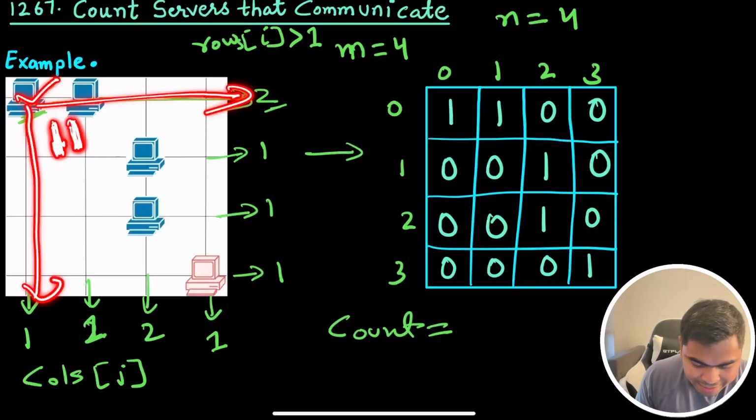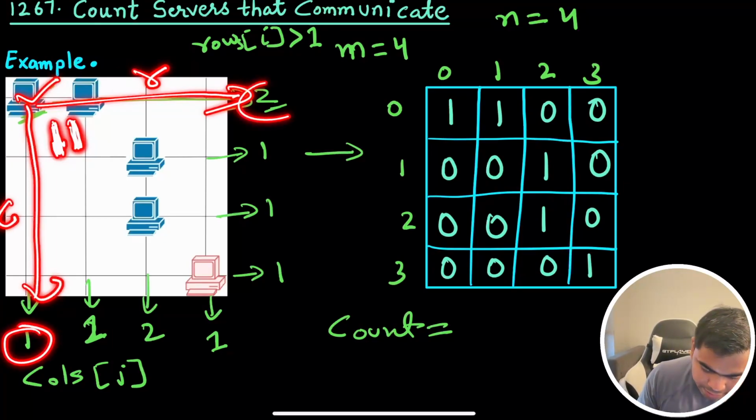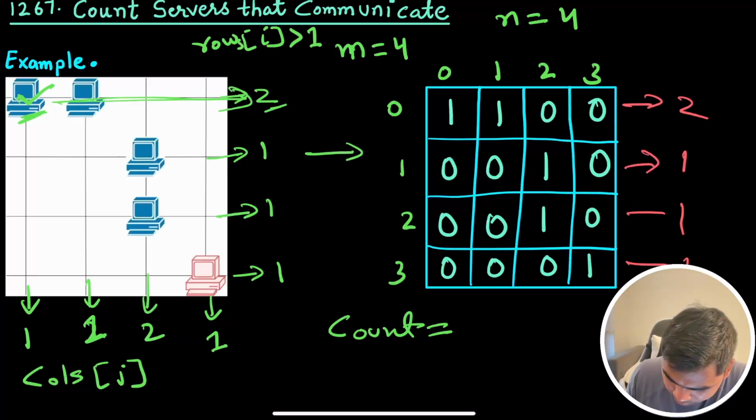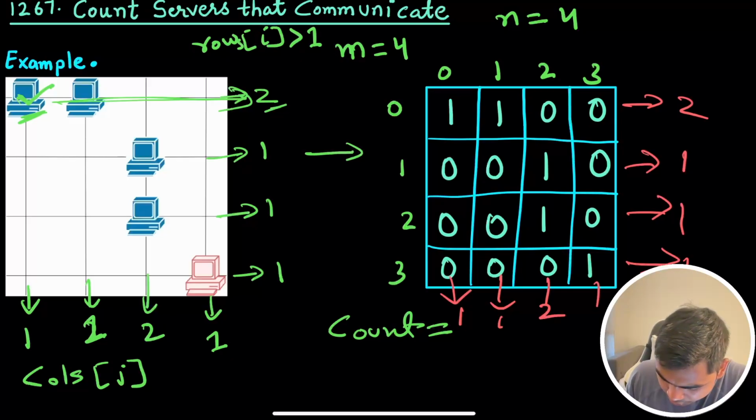So either the row or the column has a value greater than 1. Let's go over it again: the rows have 2, 1, 1 and 1, and the columns, by the way, have 1, 1, 2 and 1.